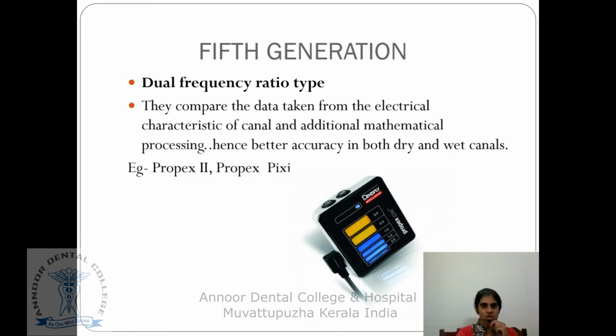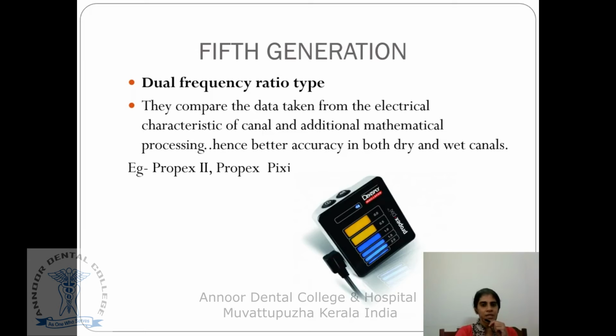The fifth generation is a dual frequency ratio type Apex Locator. What they do is compare the data from the electrical characteristics of the canal, and they add some mathematical calculation along with it to obtain the apex. So that is a calculation based type of apex locator, a mathematical calculation type of apex locator.